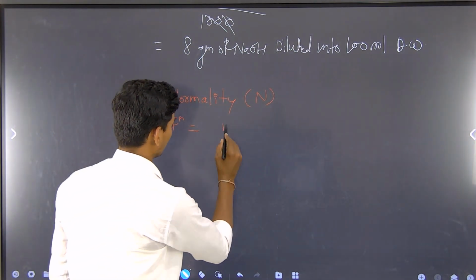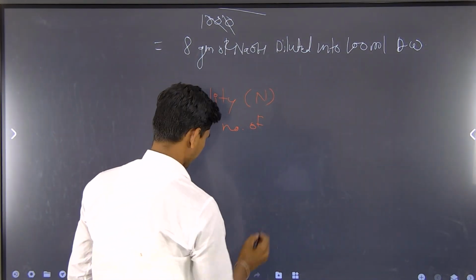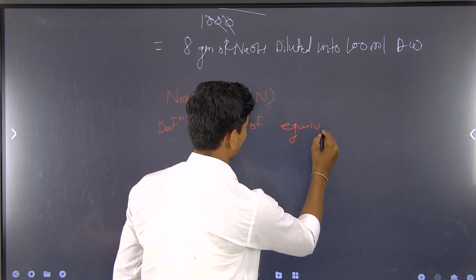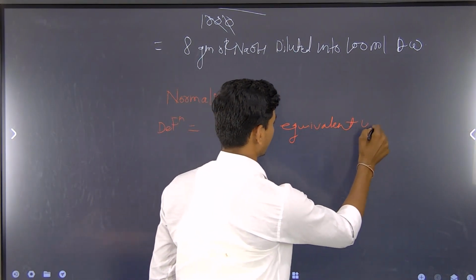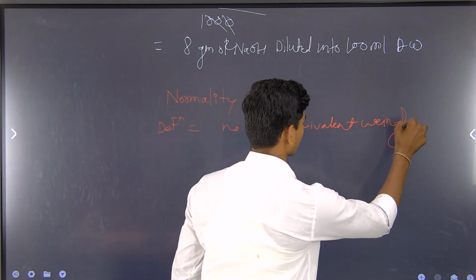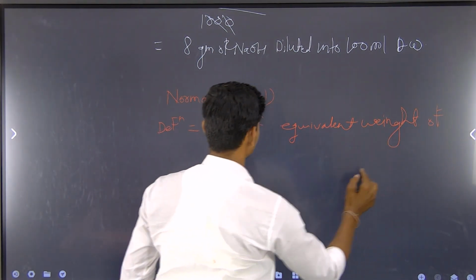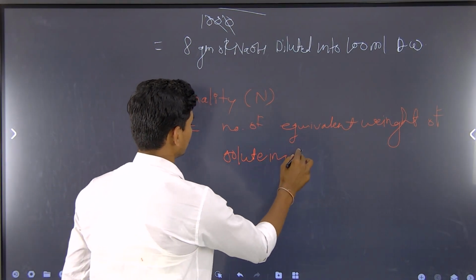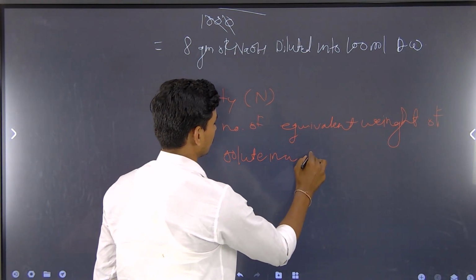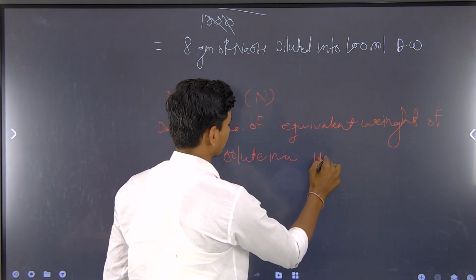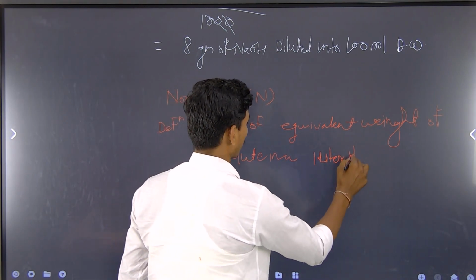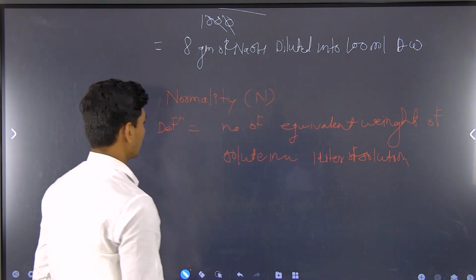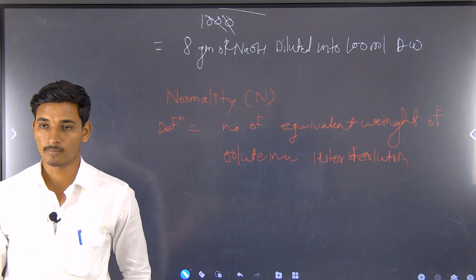That means the number of equivalent weights of solute in 1 liter of solution. So this is the basic definition of normality.